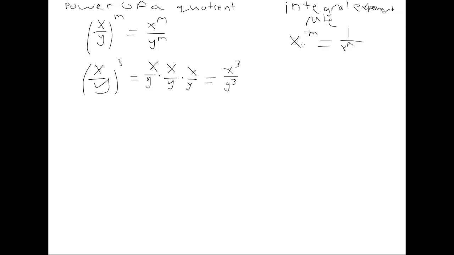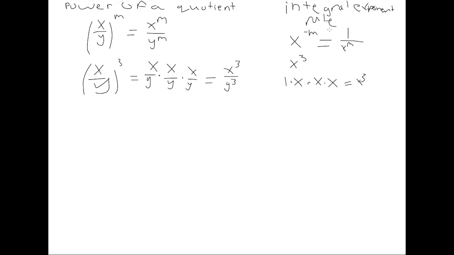And a way to think about it is exponents that are positive, for example, like x to the 3, are basically equal to 1 times x times x times x, right? Which is equal to x cubed.